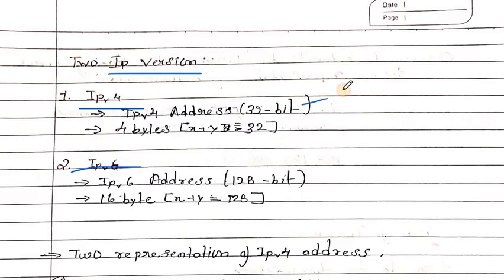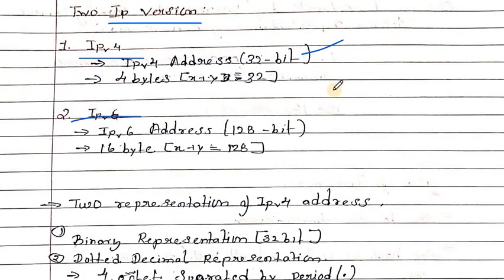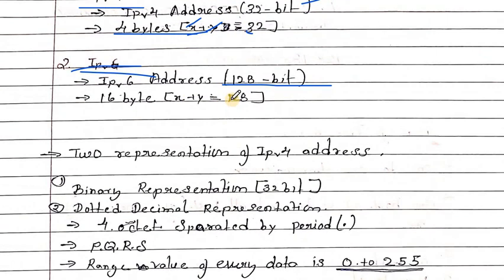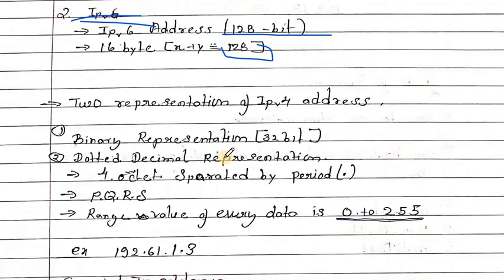IPv4 is a 32 bit string and IPv6 is a 128 bit string. So in IPv4, network ID and host ID together become 32 bits, that is 4 bytes, and in IPv6 they become 128 bits or 16 bytes.